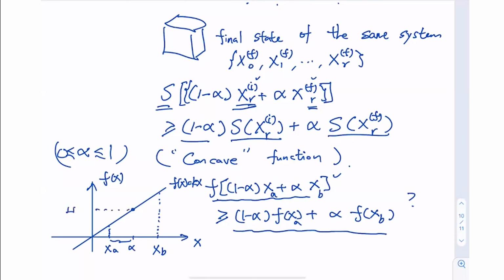On the right-hand side of this inequality, it is just the interpolation of f of xa and f of xb. You'll see that the relation is exactly equal in this linear equation. So what does it mean when it is larger than this interpolation?